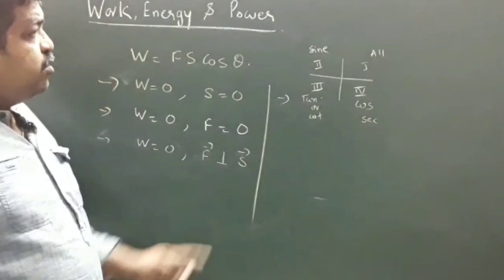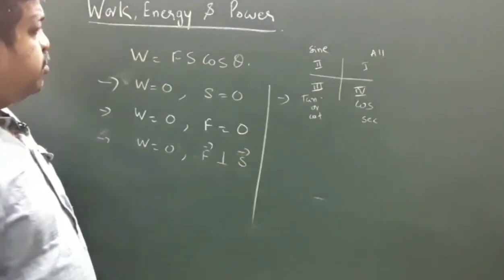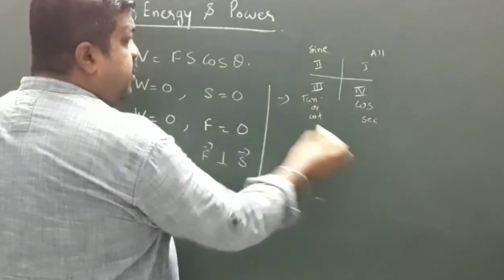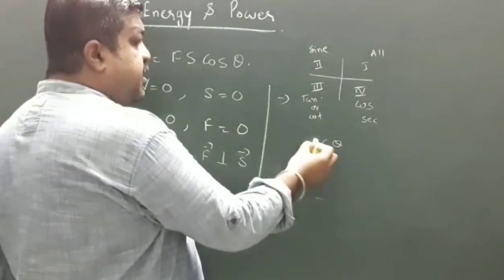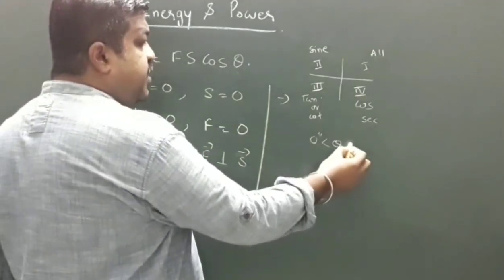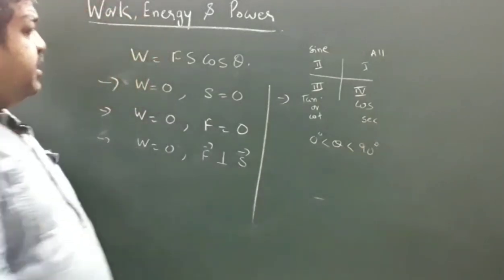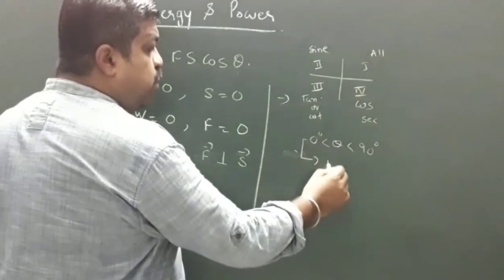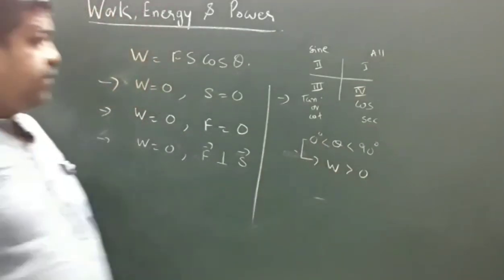So in the first quadrant all are positive. So that means if theta, the angle between force and displacement, is greater than 0 degree and less than 90 degree, in that case work done will be positive.